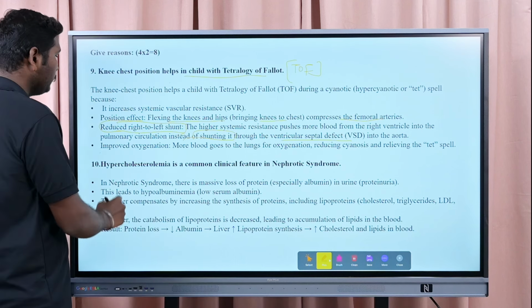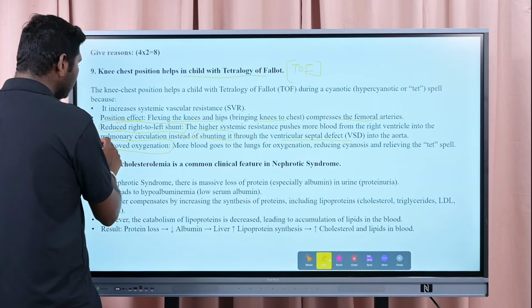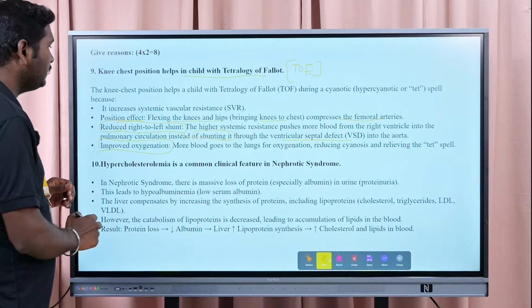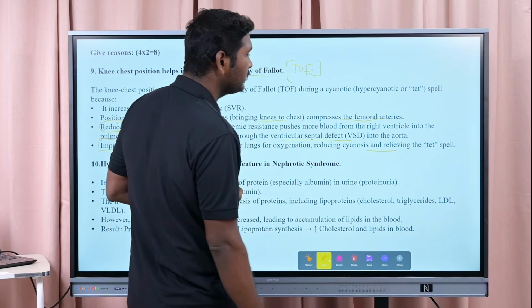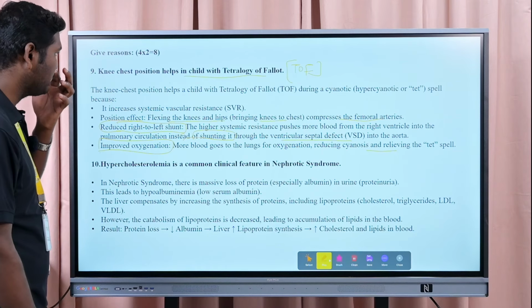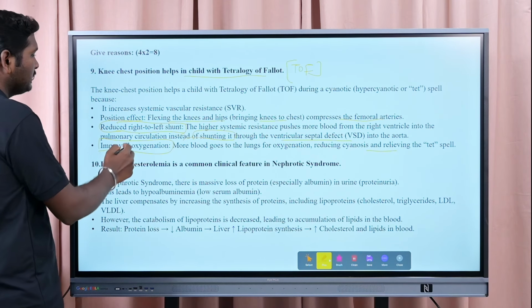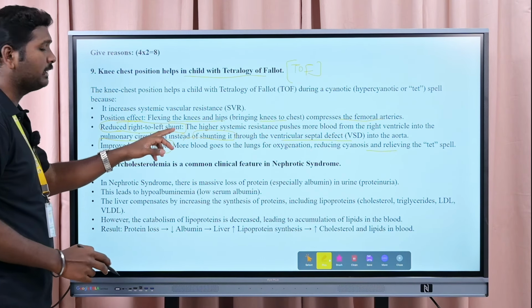So there is improved oxygenation, where more blood goes to the lungs for oxygenation, reducing the cyanosis and relieving the TET spell. So we all know tetralogy of Fallot has an abnormal shunt from right to left.